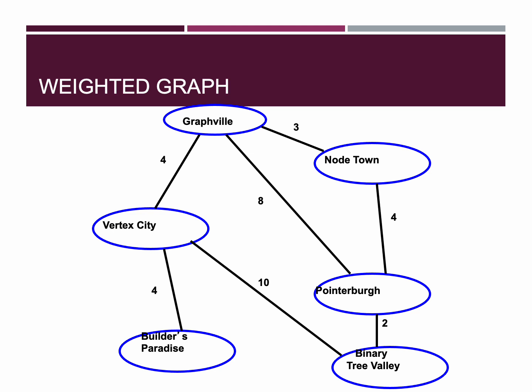Then if you go to Pointerberg, that will be 8. So 8 and 8, 16. But if you go to Node Town, which is 3, and then come to Pointers Park, that is 7. That means the total is 15, which is smaller than 16. So you can use that path. That will be the shortest path. In that way we can use a weighted graph to solve this kind of problem.